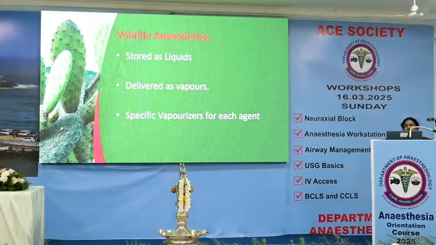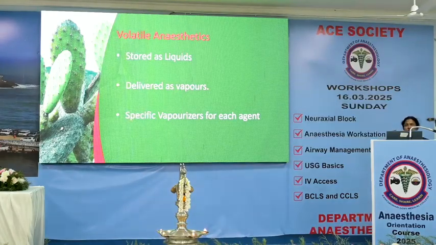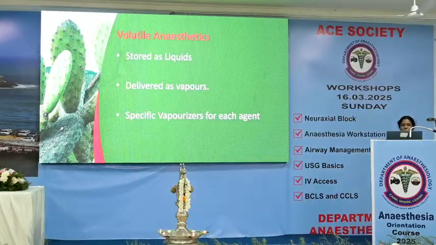These volatile anesthetics are stored as liquids and delivered to the patient as gases, and each individual inhalation agent is delivered by means of a specific vaporizer attached to the anesthesia machine.